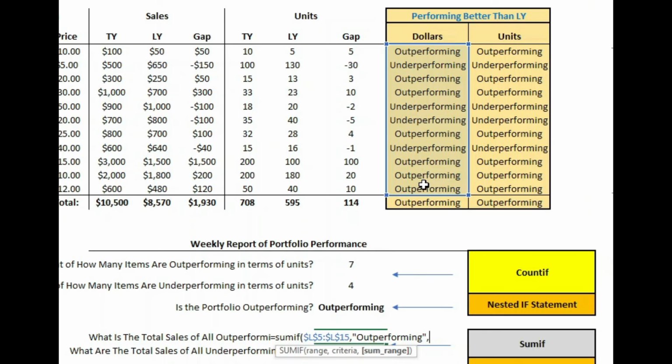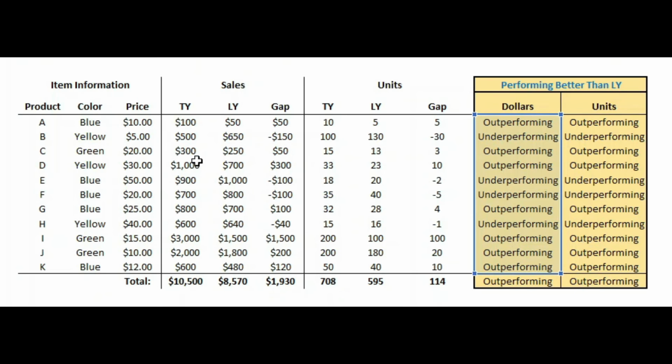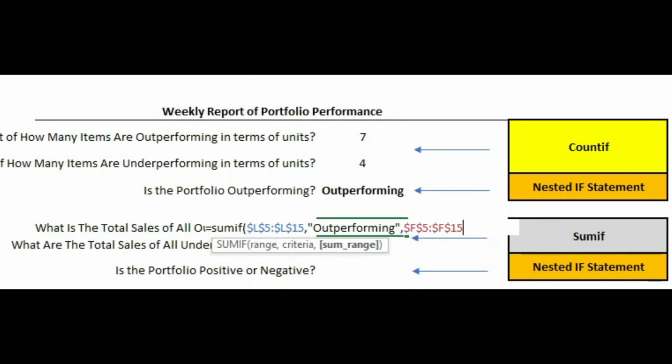Well, we want to sum all of the outperforming products. So we've got to go over here, highlight the products total. We're going to push F4 to lock down that reference. Put our closing parentheses in there.